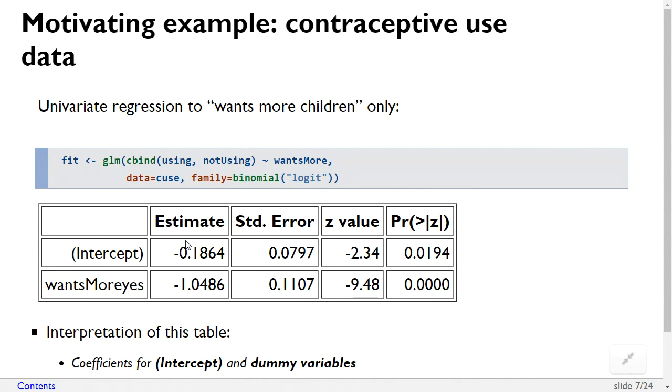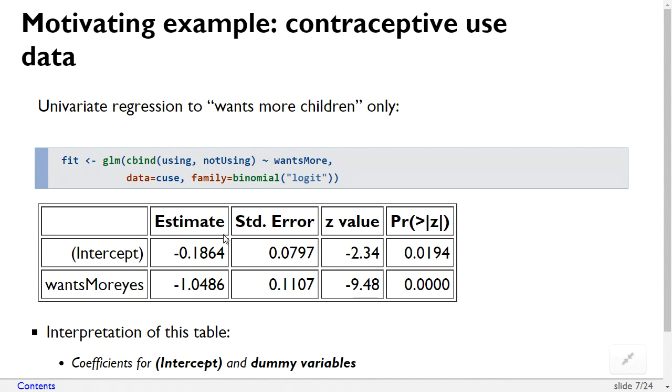I could scroll down and show you, but I won't. Some brave person. A 1 unit increase in the predictor. Okay, what does that mean?